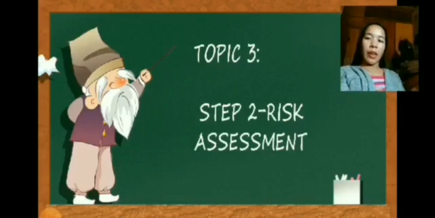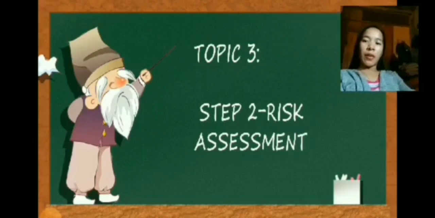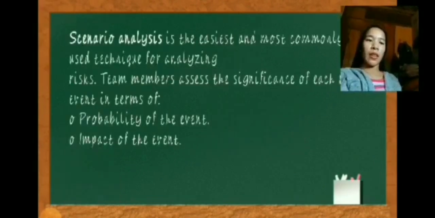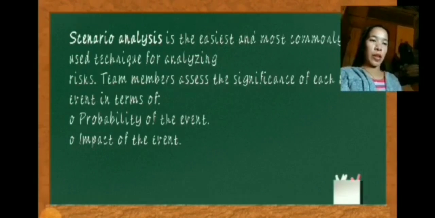Topic 3. Risk assessment. Scenario analysis is the easiest and most commonly used technique for analyzing risk. Team members assess the significance of each risk event in terms of probability of the event and the impact of the event.